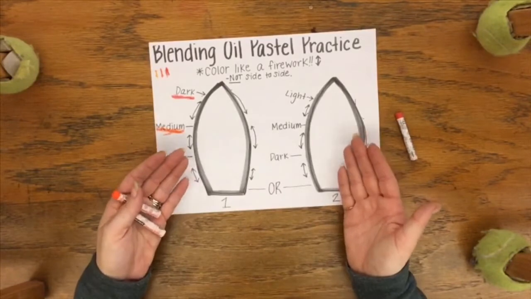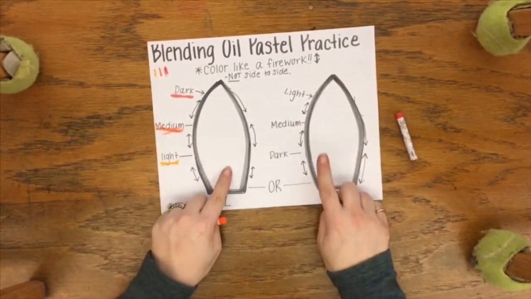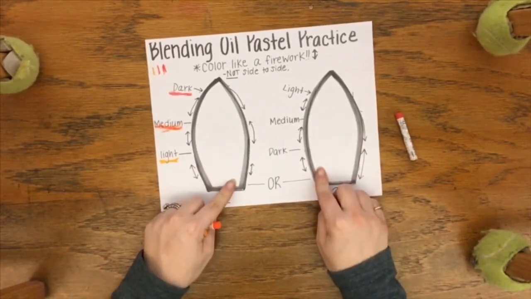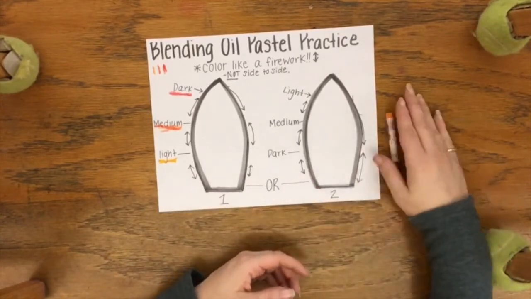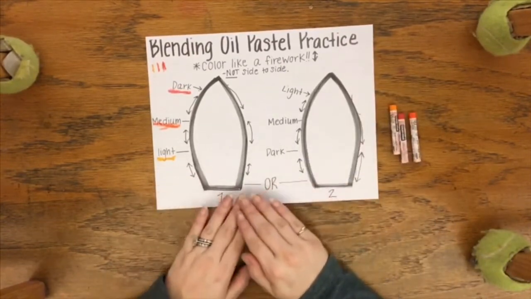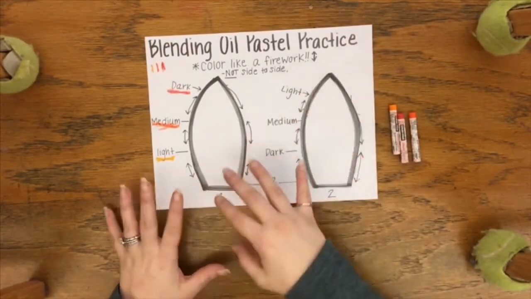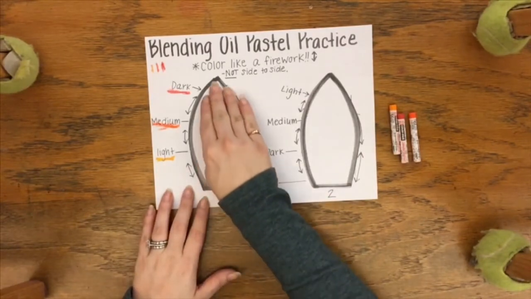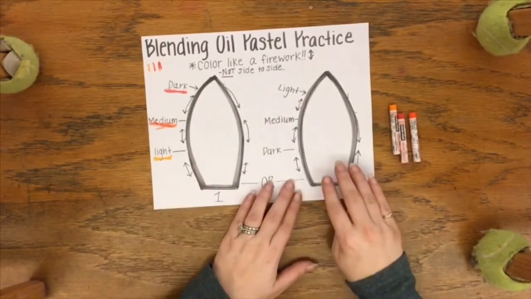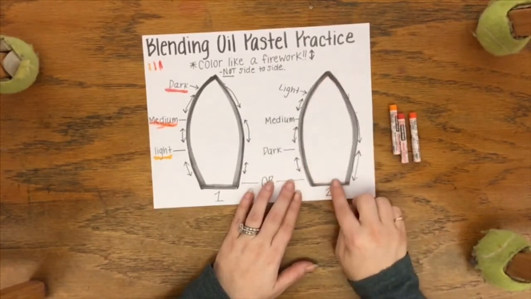You have a worksheet that has 2 practice flower petals on it. When you're doing this worksheet, you're going to practice shading or blending light to medium to dark on this one, and then dark to medium to light on the second one.